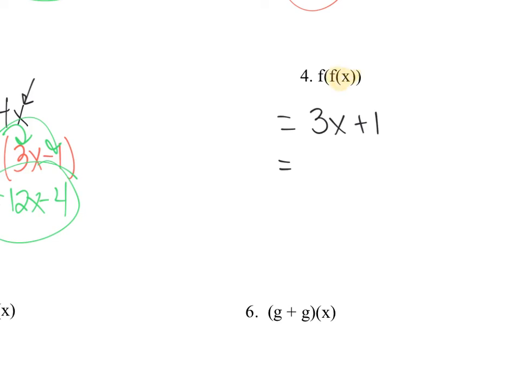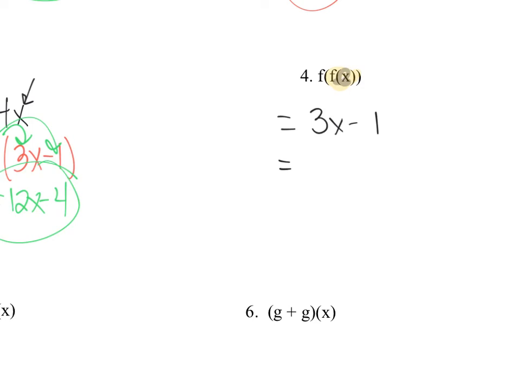Sorry, 3x minus 1, my bad. Okay? Now, I highlighted here in this circle. Whatever is in my parentheses is what I'm plugging in.